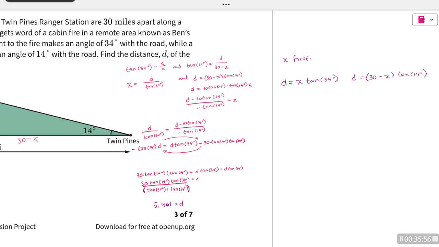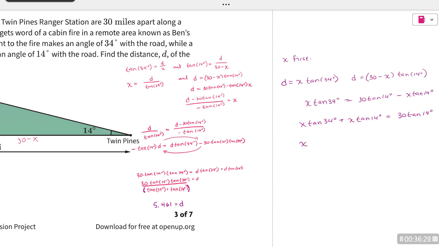So if we set those two things equal to each other, x tan of 34 equals, I'm going to distribute again, 30 tan 14 degrees minus x tan 14 degrees. Then I can move my tan of 14 over, so it's now plus x tan of 14 equals 30 tan of 14.